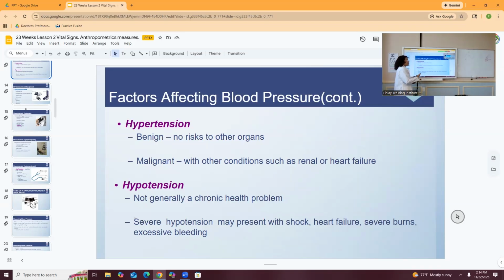Patients with severe burns or in an accident with excessive bleeding. For example, a patient in a car accident where we don't see blood, but they complain of abdominal pain and they are hypotensive, we have to think that they have internal bleeding, okay? Patients with hypotension that have been in the heat for a long time, we have to think that this is severe dehydration.